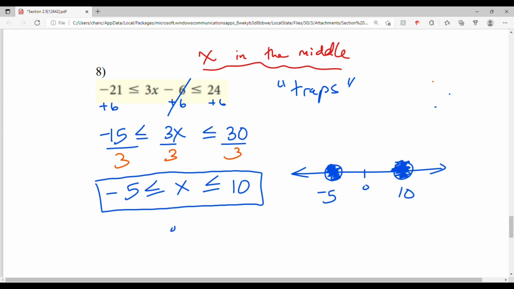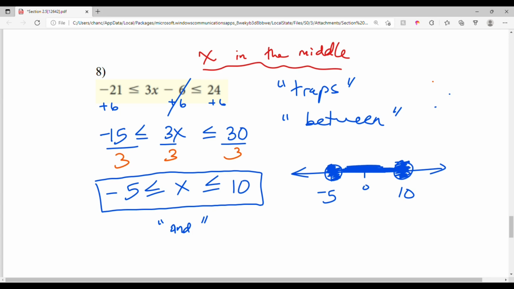So this is an AND inequality. That's how we pronounce it. Negative 5 is less than or equal to x, and x is less than or equal to 10. So we're going to actually shade in between. So a good way to remember is traps are shaded in between because the x is trapped between. And so this is my graph.